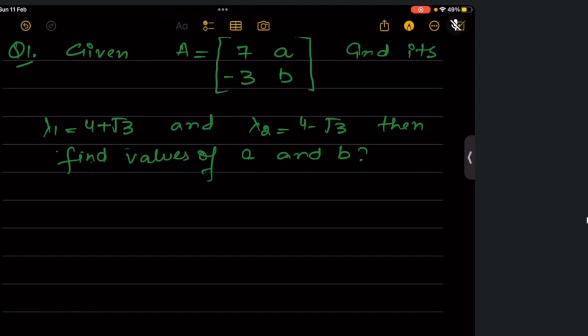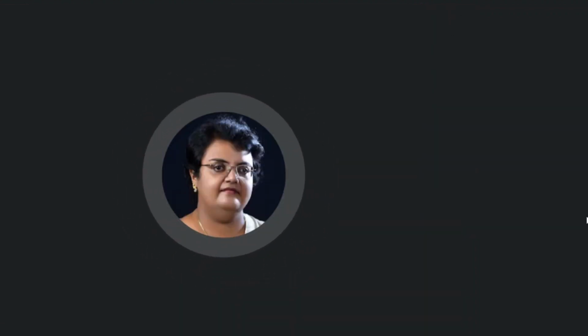Any clue what properties we will use or how we will approach this question? Determinant of lambda I minus A equal to 0. From that we can equate to the eigenvalues. Okay, you can try to calculate. Give me the values of a and b. Anyone else?